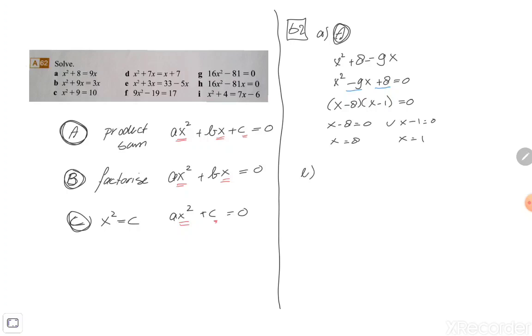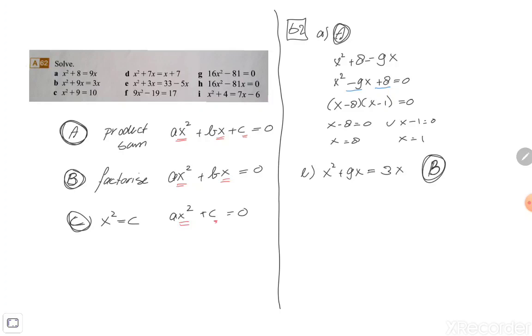Exercise B. X squared plus 9x is equal with 3x. Now if we look at which theory we're going to use, A, B or C, we're going to use theory B. Because I only see something with x squared and x.